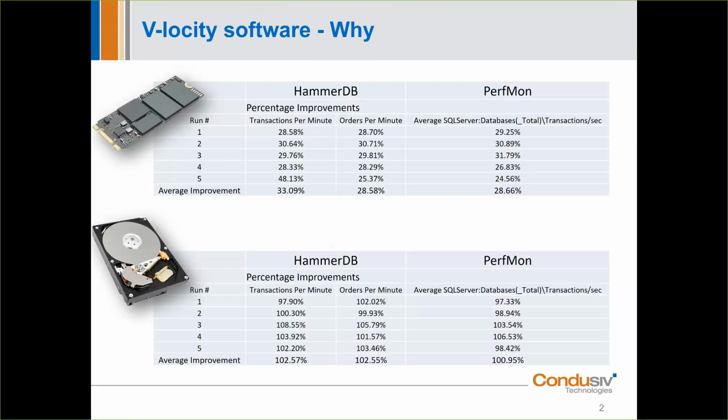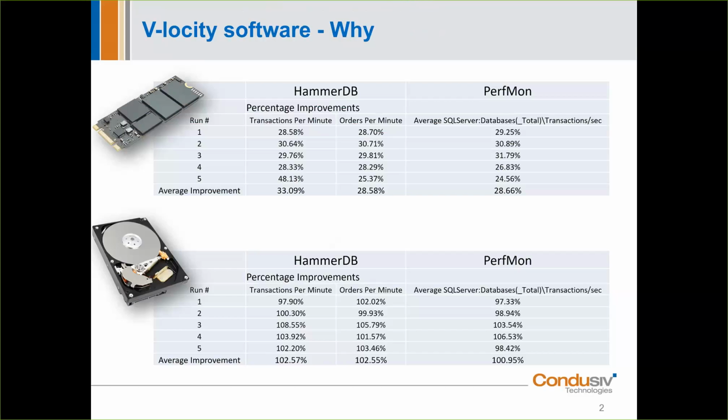As you can see from the metrics recorded by HammerDB, on the SSD storage, there was about a 30% improvement in the number of SQL transactions that could be processed per minute. And this was backed up by the perfmon metrics that showed a 28% improvement in transactions per second. When running the tests again using spinning hard drive storage, there was around 100% improvement.